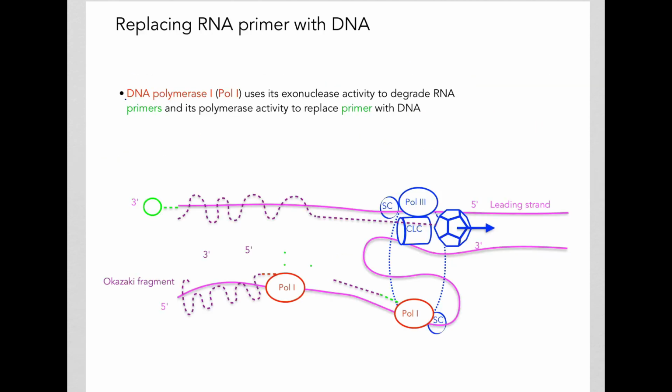Now, another enzyme called DNA polymerase 1, or Pol 1, will use its exonuclease activity to degrade the RNA primer and replace the RNA primer with DNA, because this enzyme also has polymerase activity.